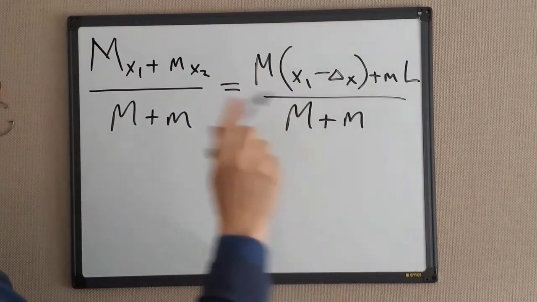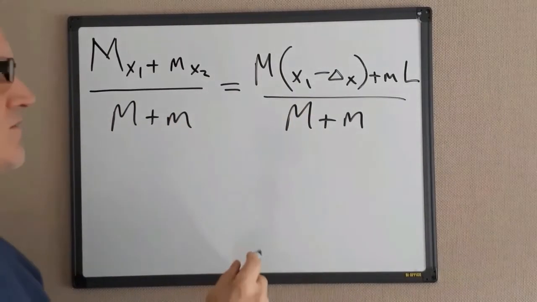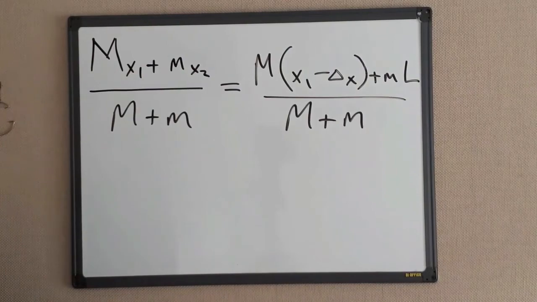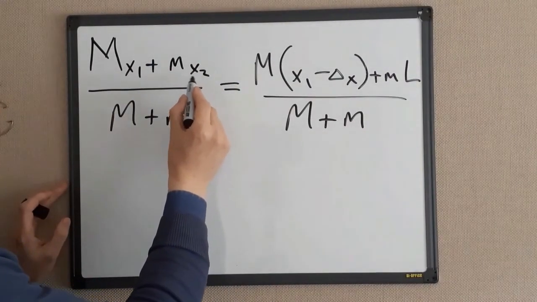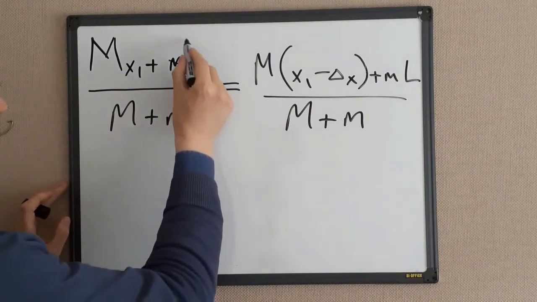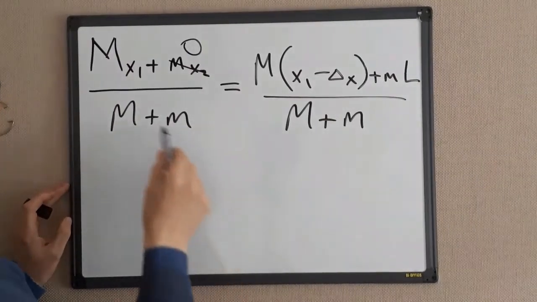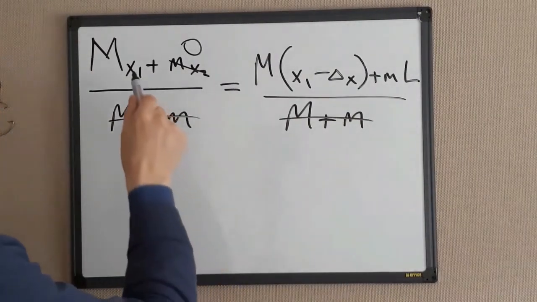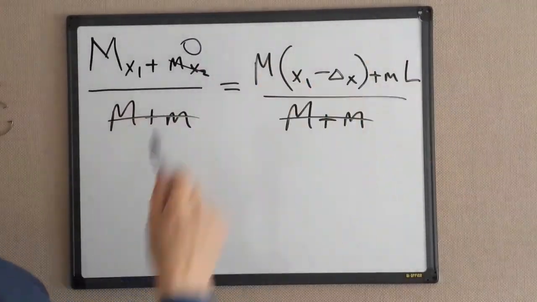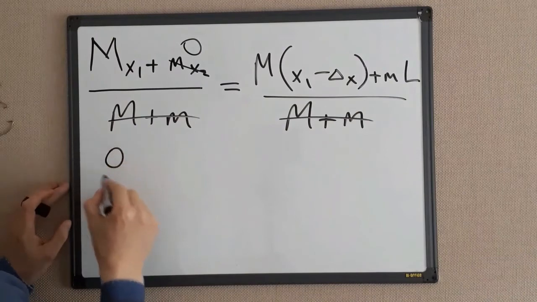The next part of the algebra, we go back to this, conservation of the centre of mass. And this is the starting point of the photon, which is regarded as zero, so that becomes zero. That cancels with that. And mx1 goes over to that side and becomes negative.